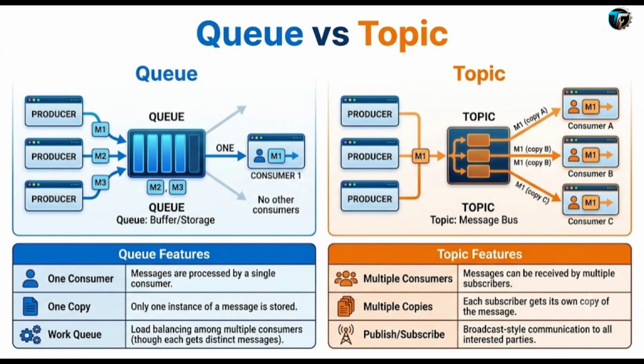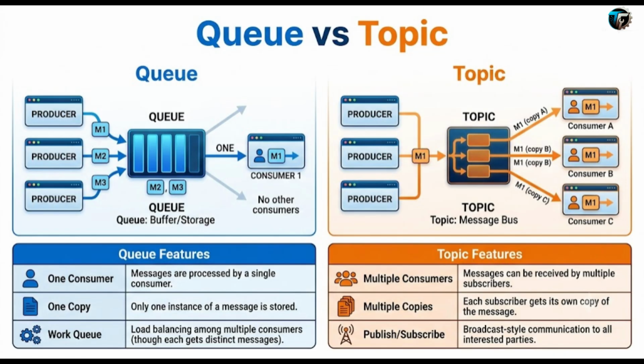Now, look at a topic. Topics use a publish-subscribe pattern. A sender publishes a message once, and Azure broadcasts a copy of that message to multiple independent subscriptions. Think of an e-commerce checkout. One order event lands in a topic, triggering the shipping team, the inventory database, and the notification engine simultaneously.